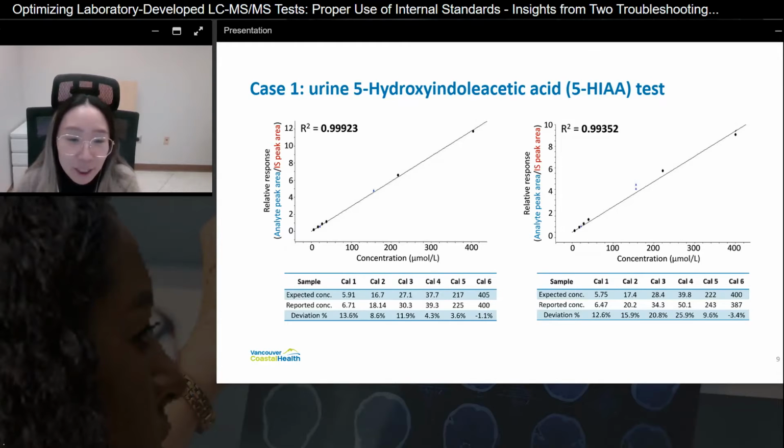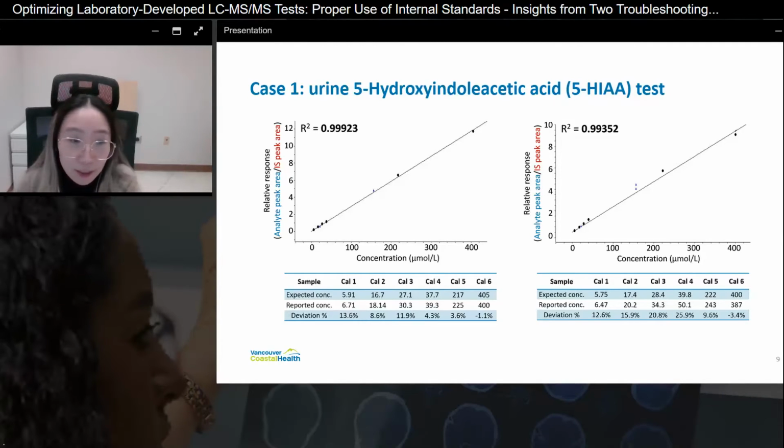On the left is an example of what we typically see, a very nice calibration curve with R-square of 0.999, which is pretty good. But on the right is cal curve from a recent batch where we see a R-square being only 0.993. And the calibrator 3 and 4 deviates by 20-25%.